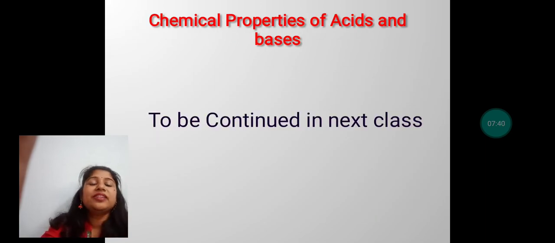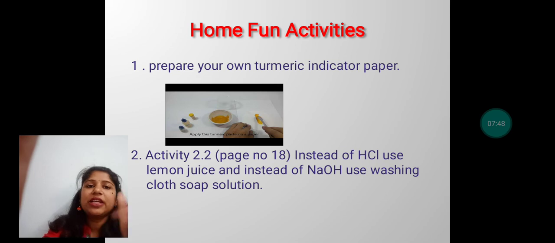Now, in the next lecture, we are going to start with a new topic, that is chemical properties of acids and bases. But before that, here is your fun activity. You have to do two fun activities tomorrow. First, you are going to prepare your own turmeric indicator paper. Just prepare a paste and apply it on strips of paper, let it dry, and use these strips in various solutions.